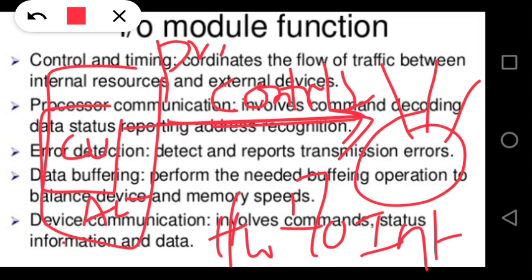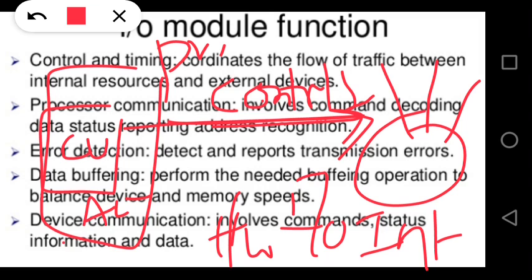For example, when the user enters a word using the keyboard, the I/O interface or interface unit related to that keyboard maintains a buffer, and it waits until it receives 8 bytes of information, because the keyboard is sending the data byte by byte.